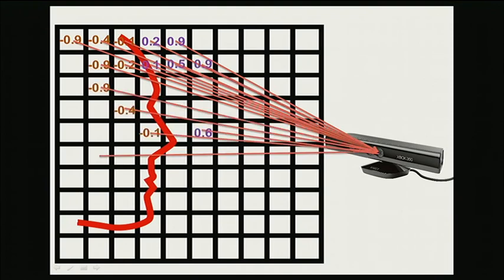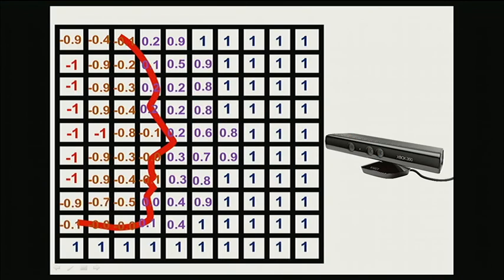So we fill all the voxels with some numbers between -1 and 1. When we just look at the data structure, we don't see where the surface is. So the trick is to look at the zero crossing. So we look at points where the value goes from negative to positive, and that's where the surface is.